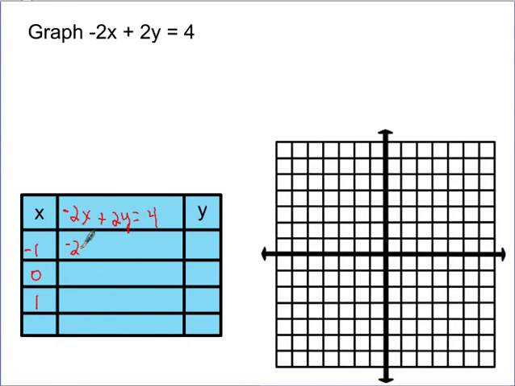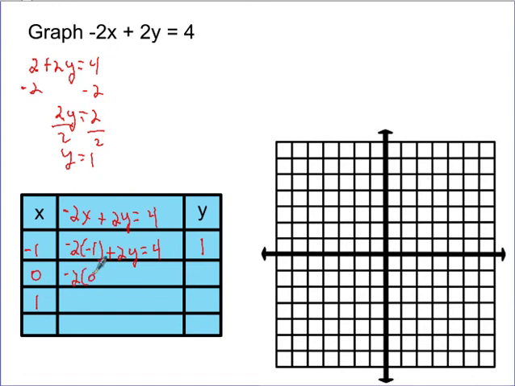Substitute a -1. -2 times -1 is +2 plus 2y equals 4. Subtract 2 from both sides, 2y equals 2. Divide by 2 and y is 1.